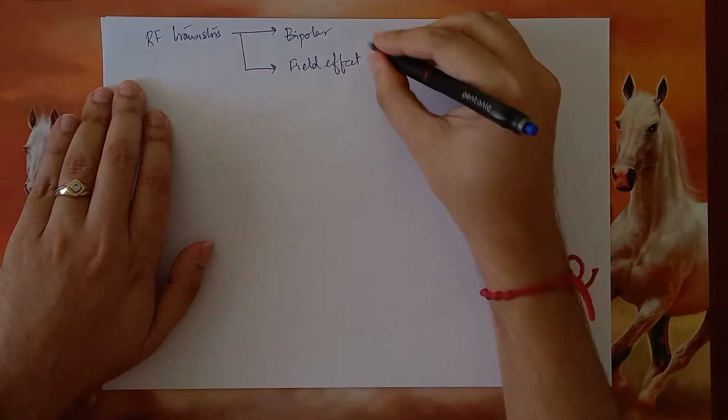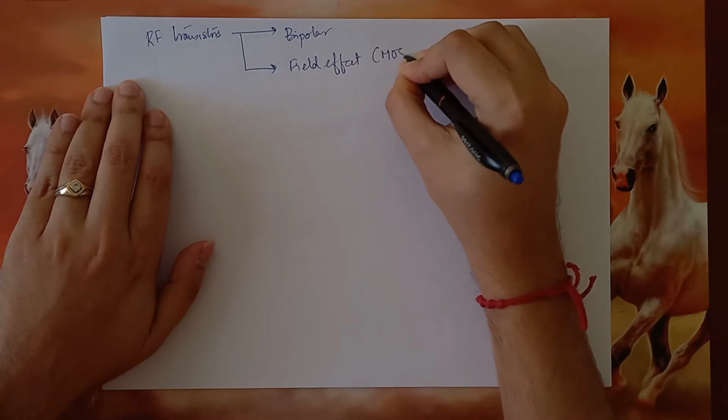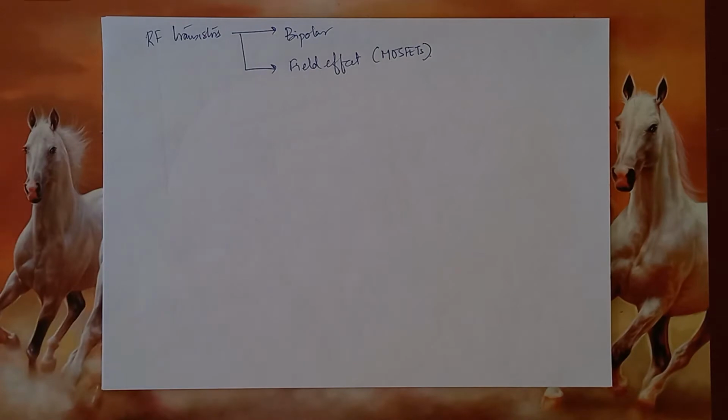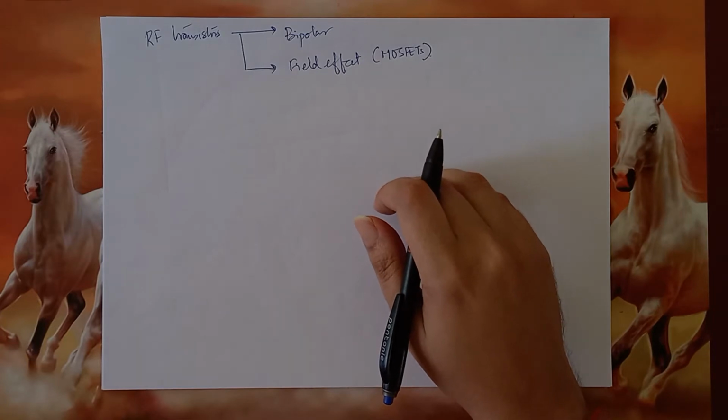So the field effect transistors are also called as MOSFETs. You will be familiar with the basics of both of these devices. One is a current controlled transistor and the other is a voltage controlled transistor.